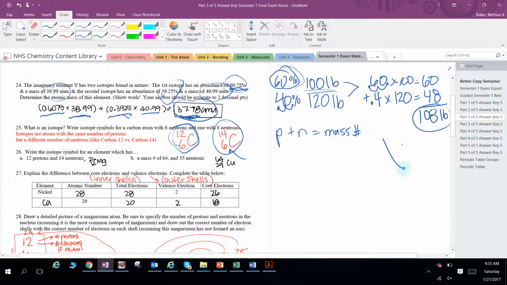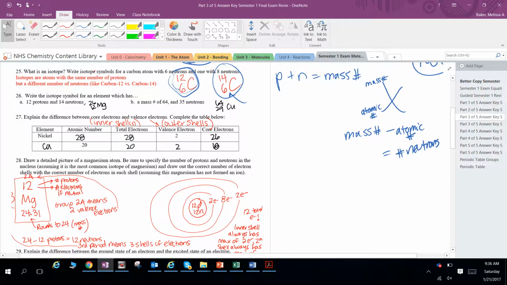And when you're writing a generic isotope notation format for an atom, you always write the mass number in the upper left corner and the atomic number in the lower left. And you can always do the mass number minus the atomic number, and that will give you the number of neutrons every time. That works.